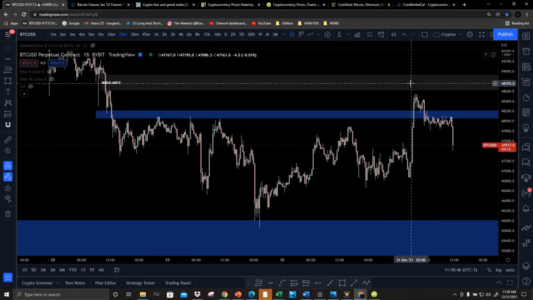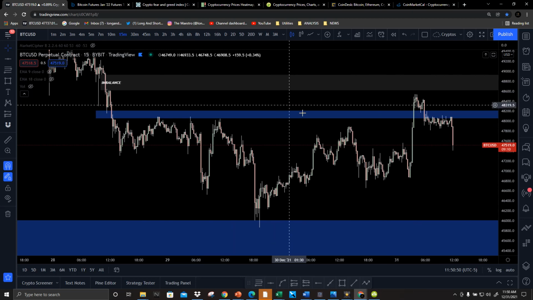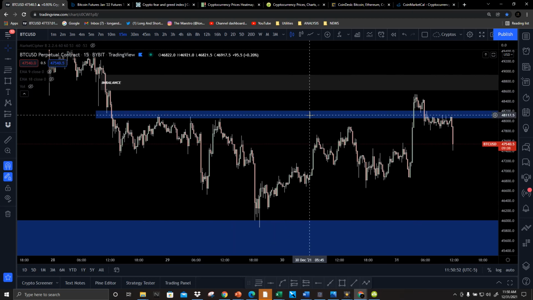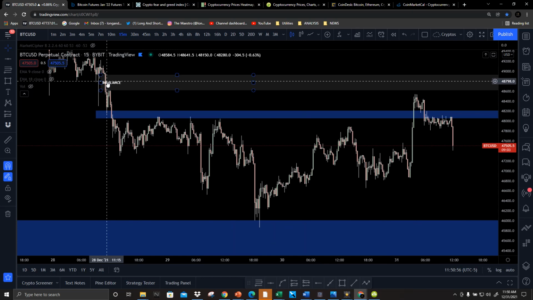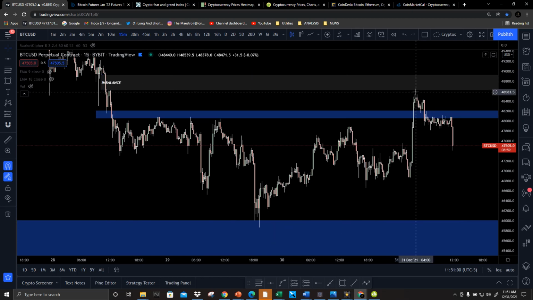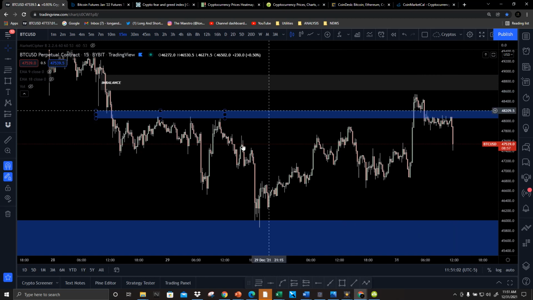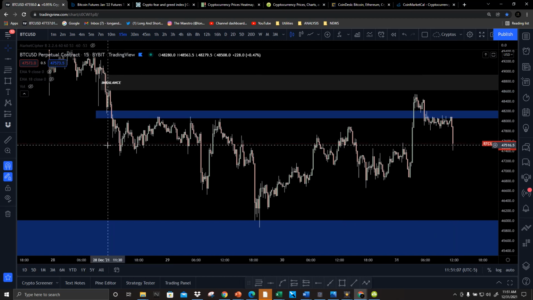As soon as they kicked it through the liquidity, what did they do? Reverse. They didn't go to the imbalance. They're not looking long right now. They're not looking to rebalance the market long. This is what it's telling me: let's just take this liquidity and resettle back into the same range that we've been in since right around Christmas.